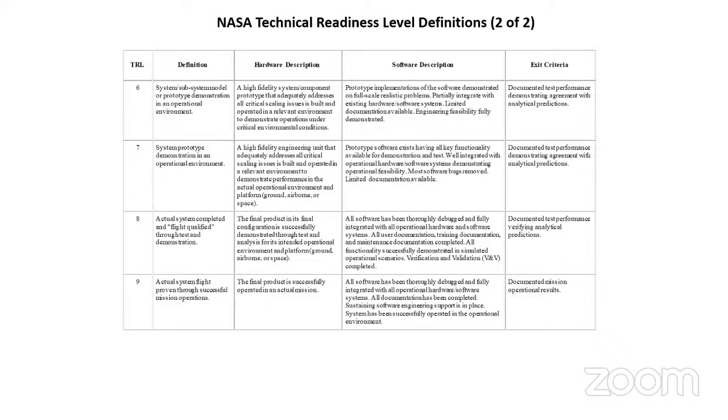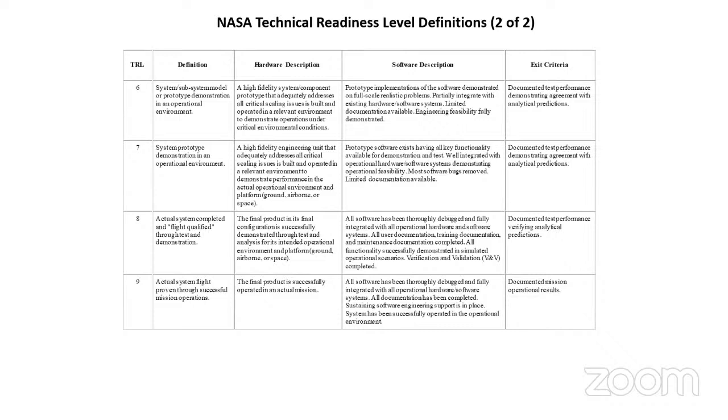If I'm talking about the software description, prototype software exists having all the key functionality available for demonstration and test, integrated with the operational hardware/software system demonstrating operational flexibility. Most software bugs are removed, and limited documentation is available. The exit criteria is documented test performance demonstrating agreement with analytic prediction.